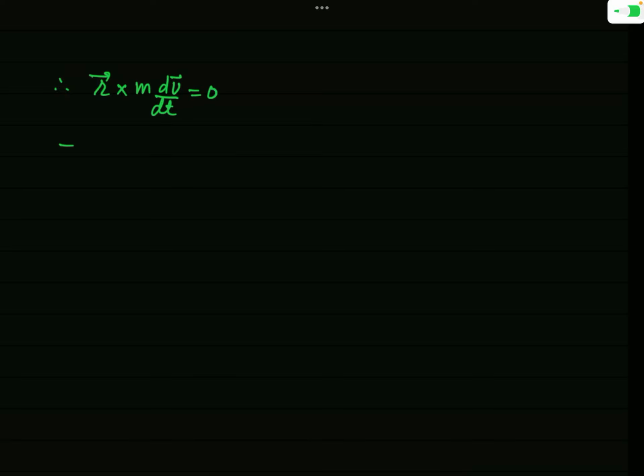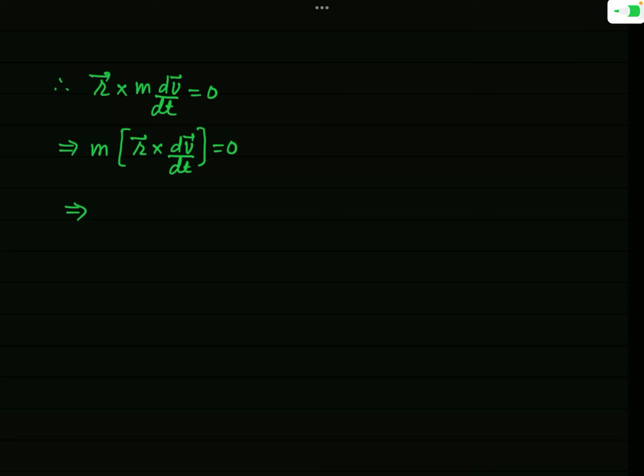Now m is a positive scalar, so you may write the left-hand side of this equation as m times R cross dv dt equal to 0.